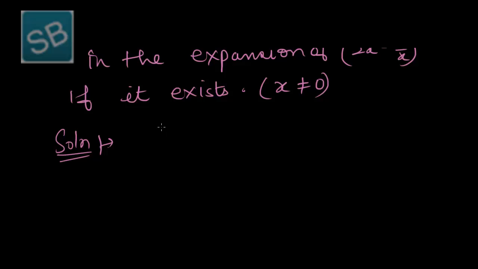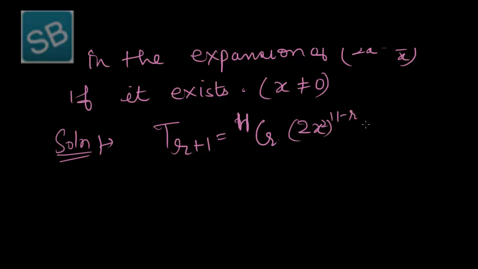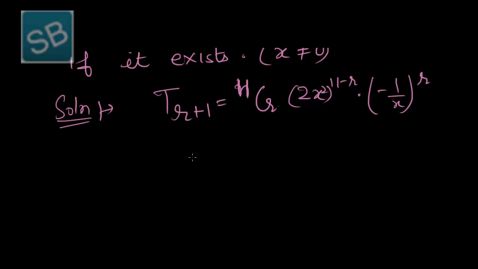First of all, we have to write the general term. That is T of r plus 1, that is nCr. n is here 11, so 11Cr. a is 2x square raised to power 11 minus r. b is minus 1 by x raised to power r. So we have to find the power of x.